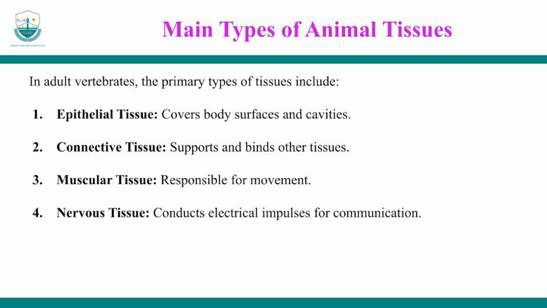Sometimes you find discussions about reproductive tissue, but mainly we look at the four primary types of tissues that we have.